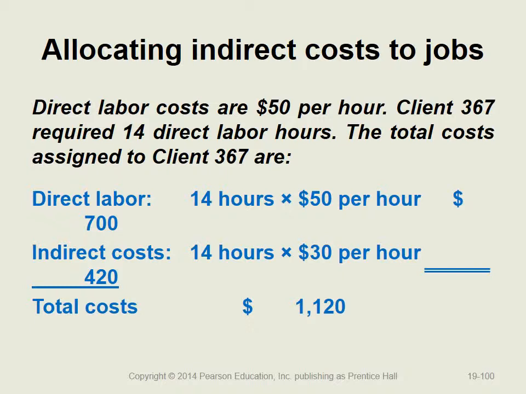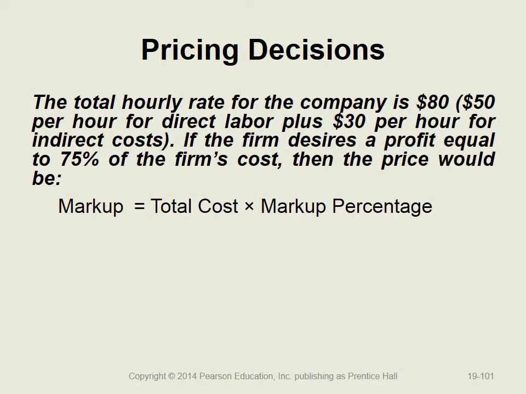To calculate the allocated indirect costs, we multiply the 14 hours by the $30 predetermined overhead allocation rate for a cost of $420. Therefore, when adding together, the total cost of this job was $1,120.